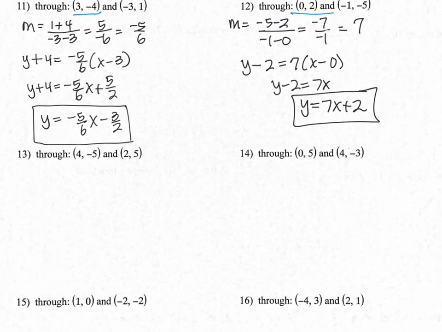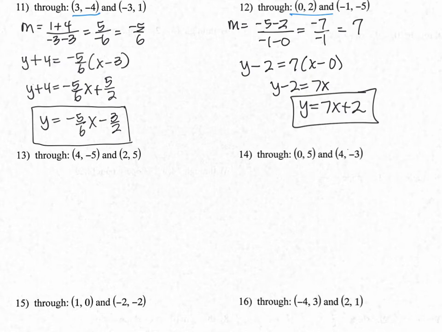All right, a few more. Number 13, slope. Difference of the y's, so 5 minus negative 5 over 2 minus 4. So that's 10 over negative 2, so I get negative 5. And again, I'm just going to use the first point. I'm going to do the same thing on all of these.